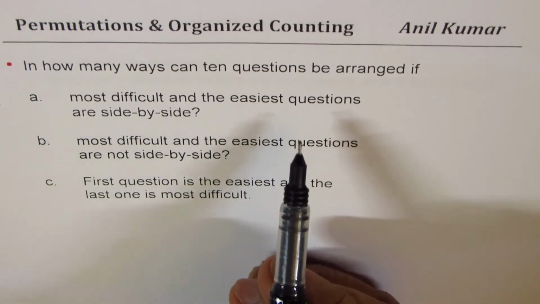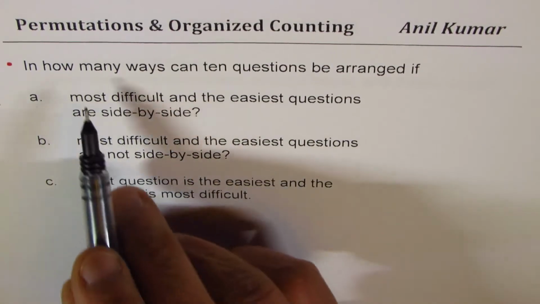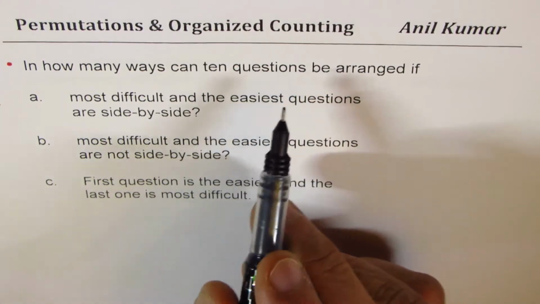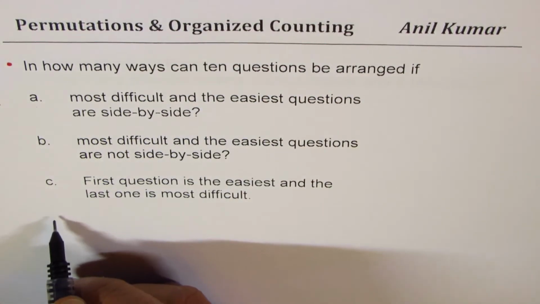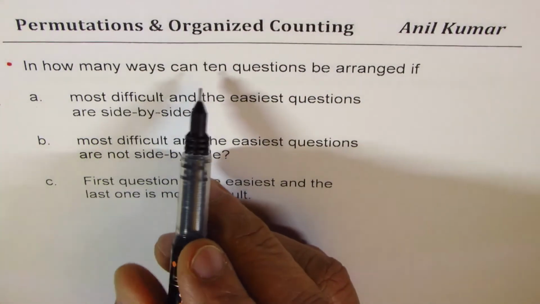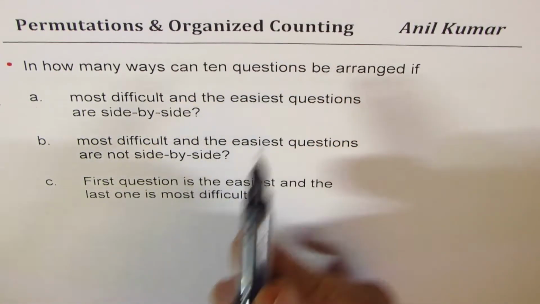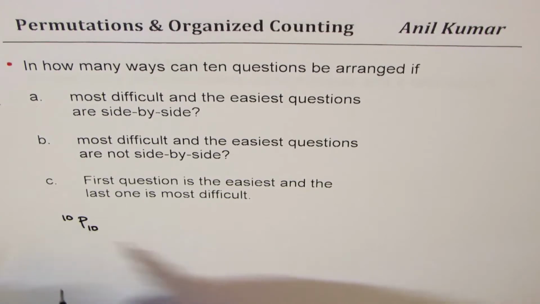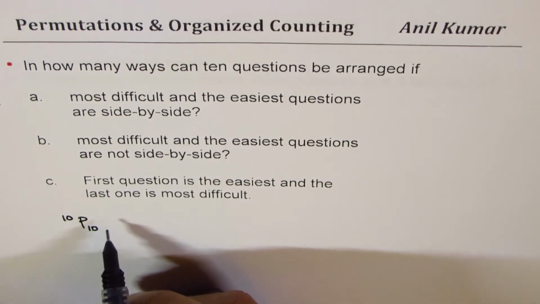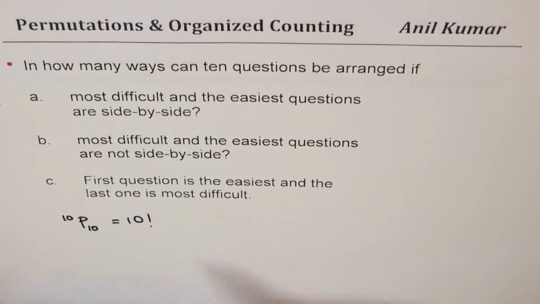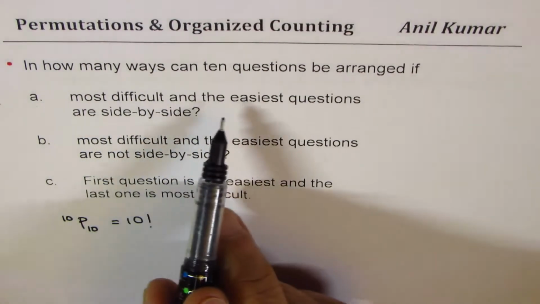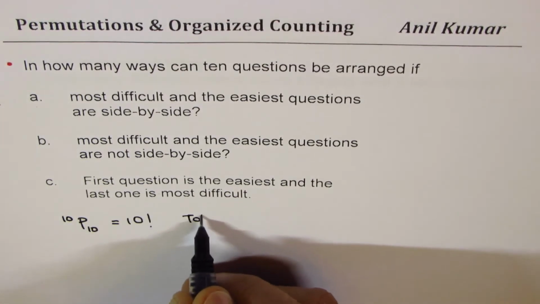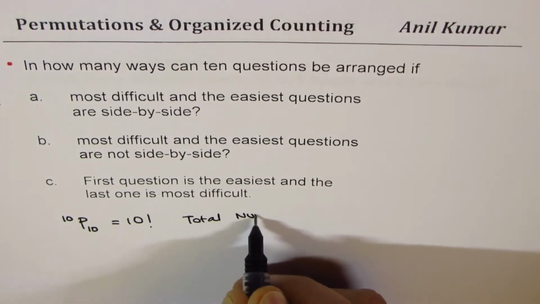Let us first find how many ways 10 questions can be arranged. If we have 10 questions, the total number of ways of arranging all 10 questions is 10P10, or 10 factorial, I should say. So that is the total number of ways.